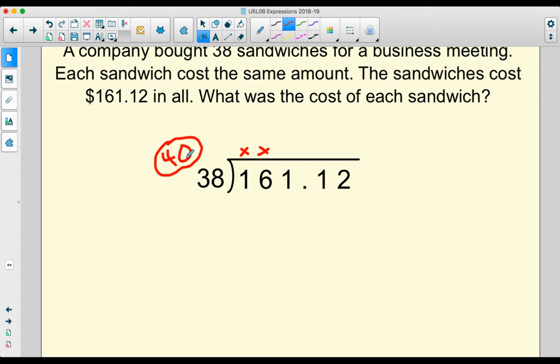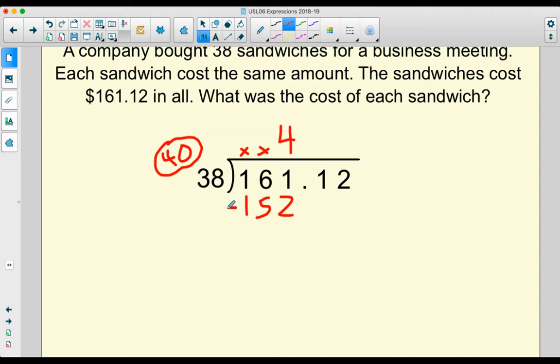When I think of 40, think of dividing by 4. There are 4 4s in 16. I'm going to try 4. Remember, that's my estimate. It's not necessarily correct. Now, 4 groups of 38 would take out 152.